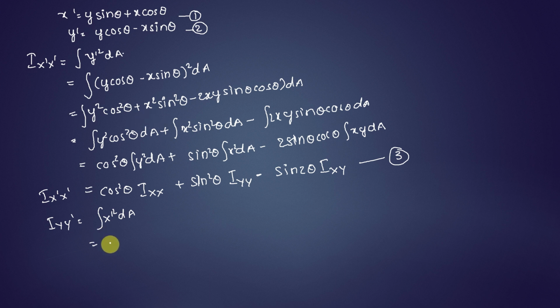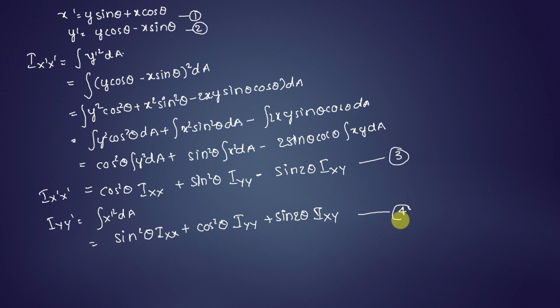So let me write the value of Iy dash y dash. What I get is sine square theta Ixx plus cos square theta Iyy plus sine 2 theta Ixy, and take it as equation number 4. This is what we get, right?